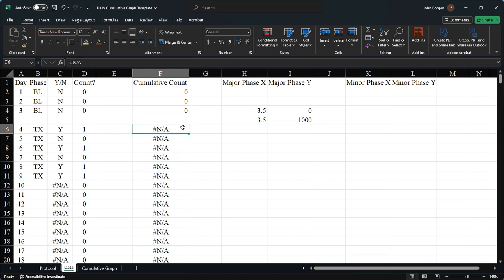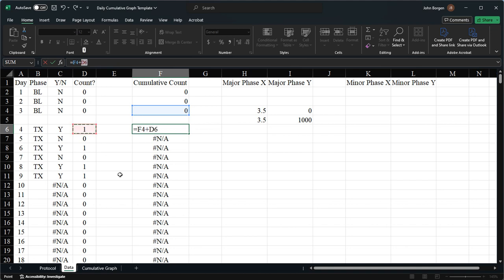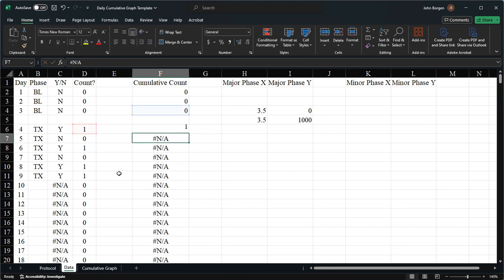So, for this one, I need to go in, I need to hit equals, I need to jump up to F4, because that's where we left off before we put in our interrupting row, and then plus, and then our count. So now it's saying that was the last one.